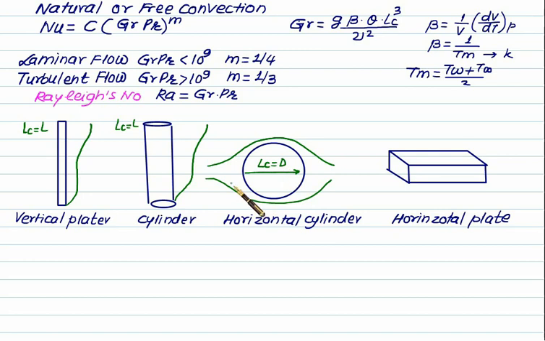And in the case of a horizontal plate, the characteristic length will be equal to area upon perimeter.